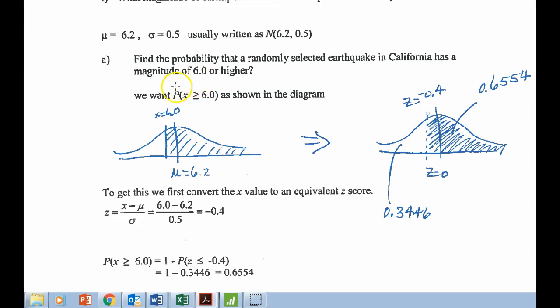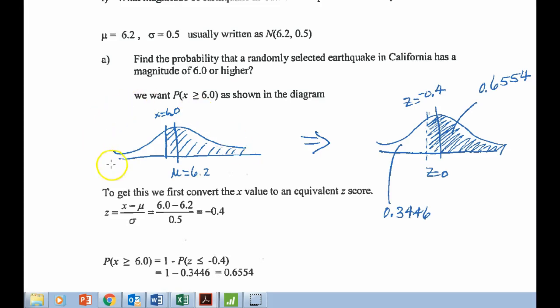Mathematically, what do I want to know? I want to know the probability, that's the capital P, that x is a value greater than or equal to 6.0. If I'm answering these questions by hand, I have to work out an equivalent z-score. In other words, I have to standardize the value 6.0. In the old days before computers, you would go into the standard normal distribution tables and get your answer.